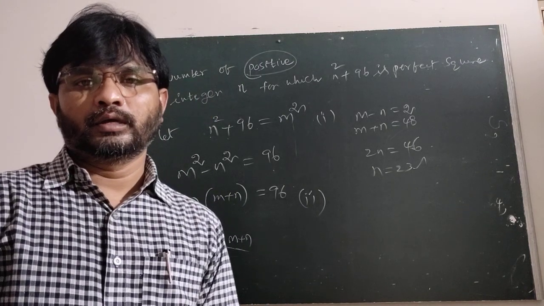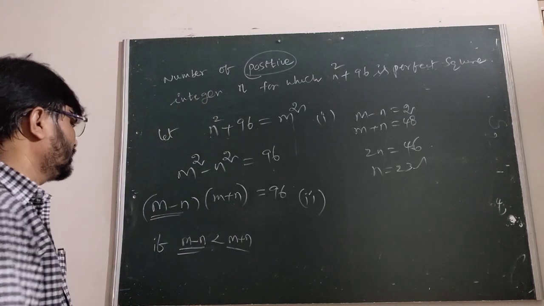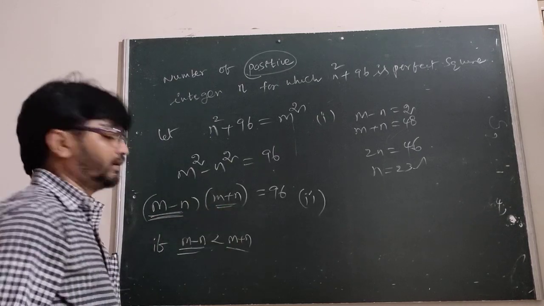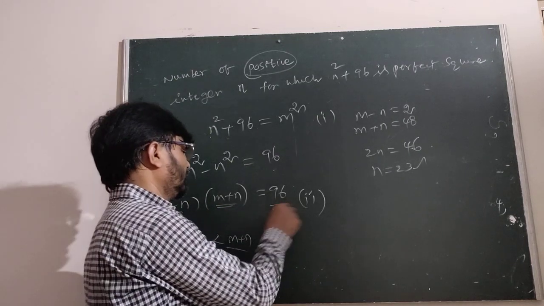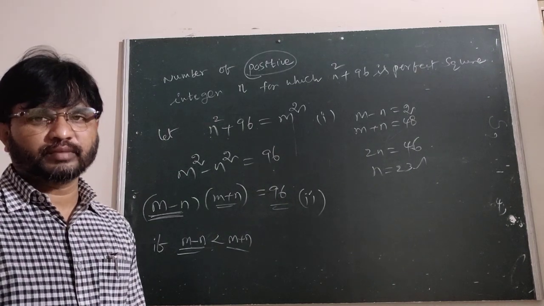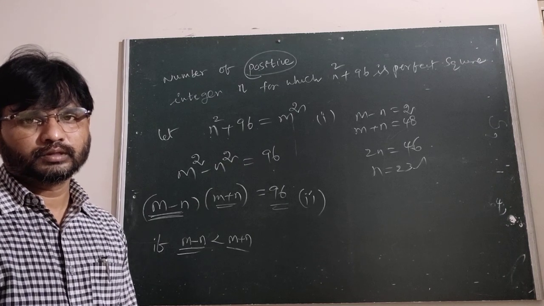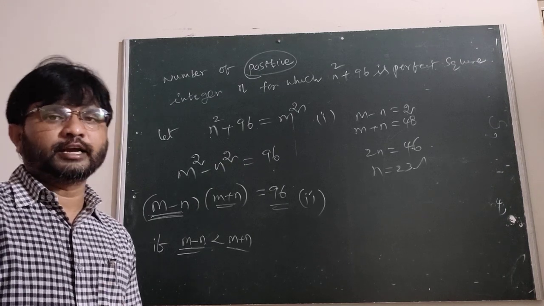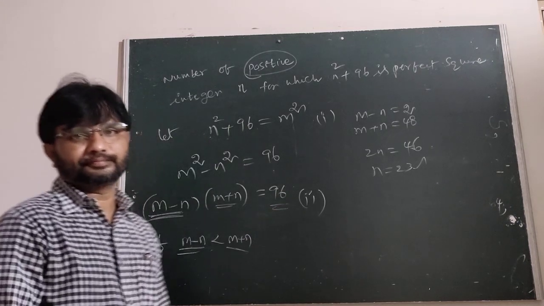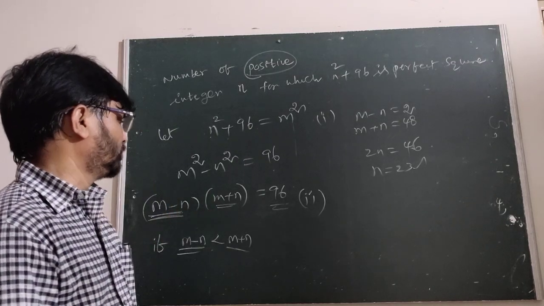So here m minus n must be even and m plus n must also be even, then we get 96. If both are odd, the product is odd, and if one is odd and one is even, we are not getting 96.